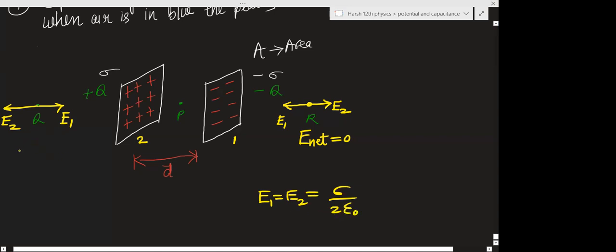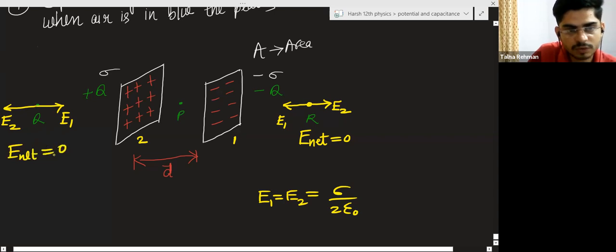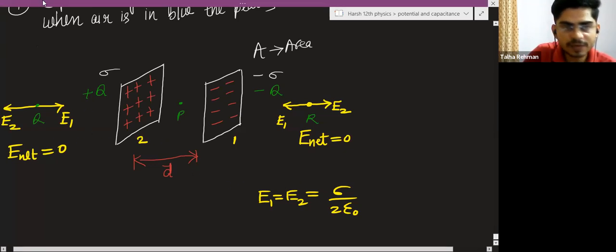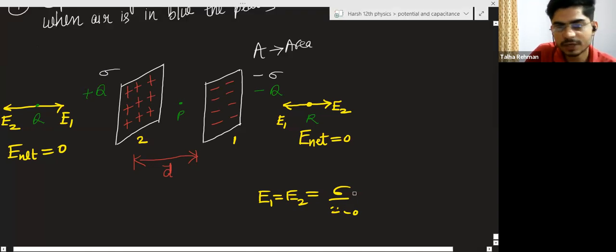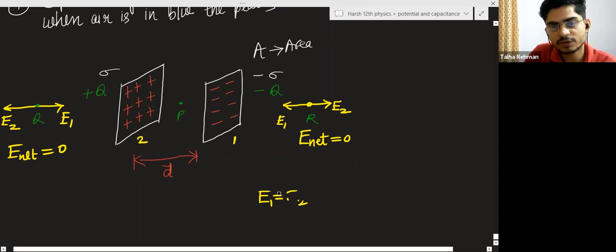So here also the net E at Q is equal to 0. This means there is no electric field outside the plates. Now we will calculate the electric field inside. If there is no electric field inside, we cannot store the energy.